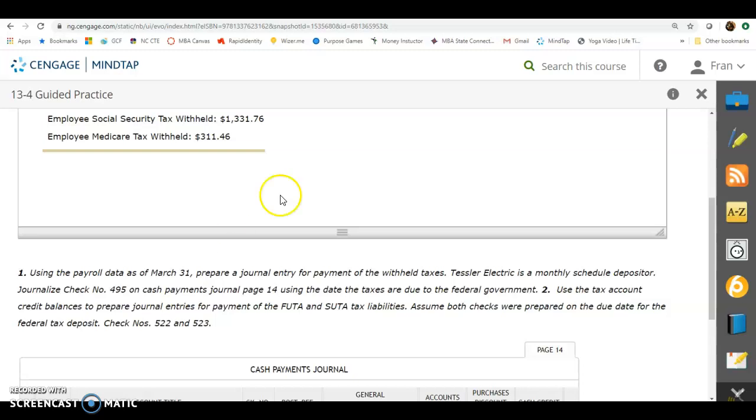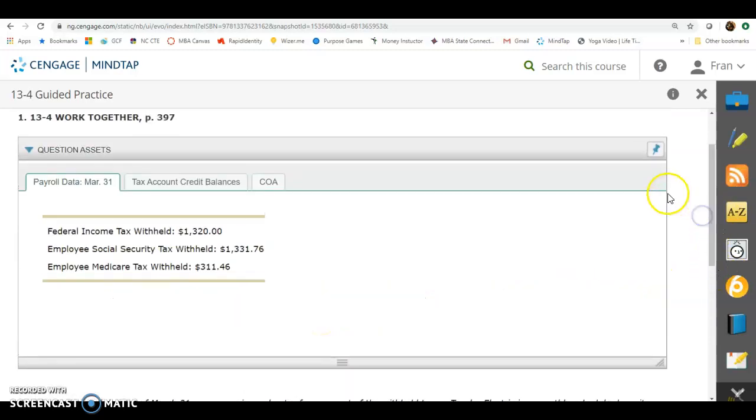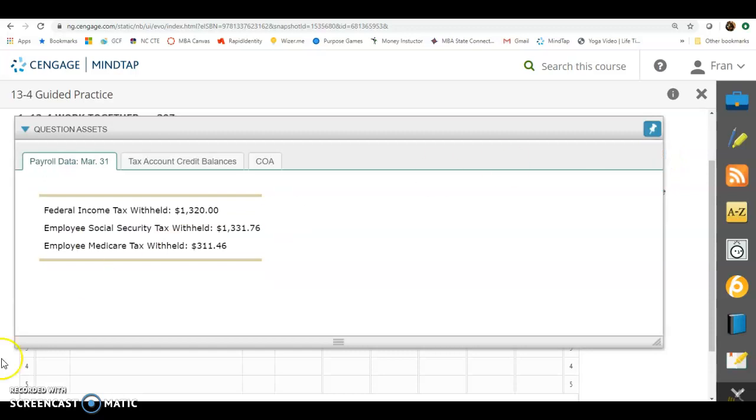And it talks about the fact that we're going to journalize check number 495 to do our cash payments for the federal taxes. And we're going to use checks number 522 and 523 for the federal unemployment tax and the state unemployment tax. So I'm going to get this unpinned and we will get started here.